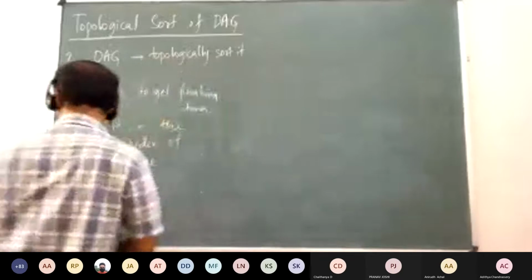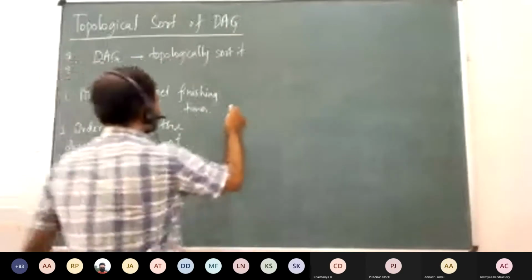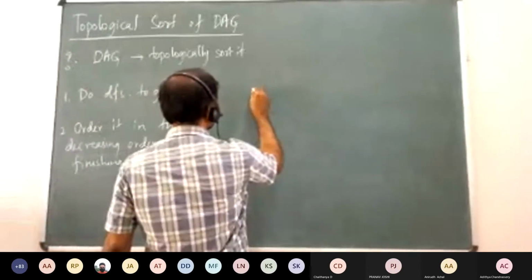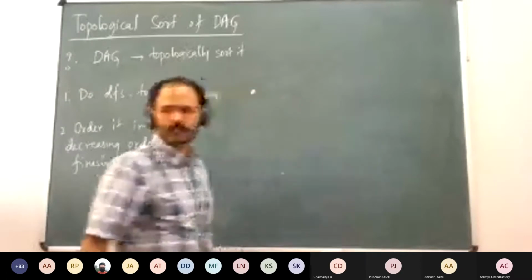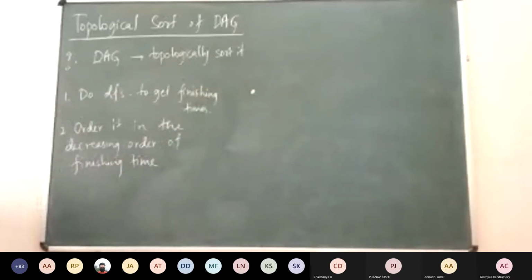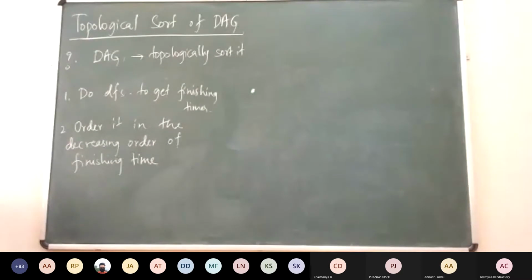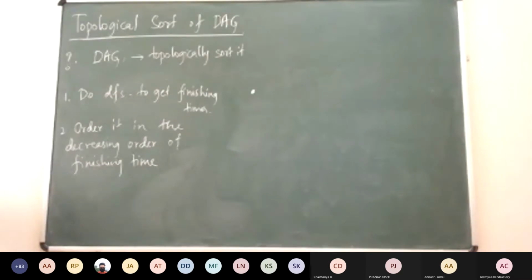So if you start from some vertex, are you saying that all vertices reachable from this vertex will have finishing times less than the finishing time of this one? Yes, sir.